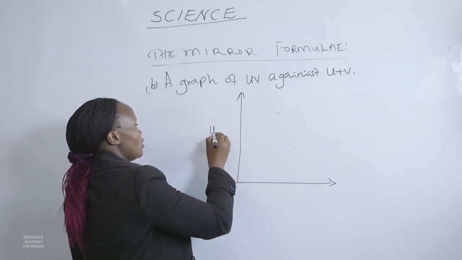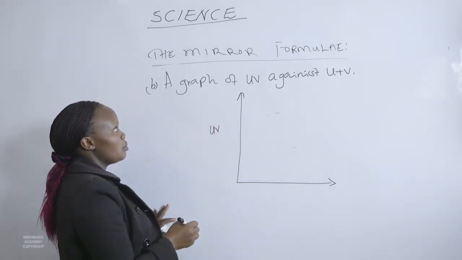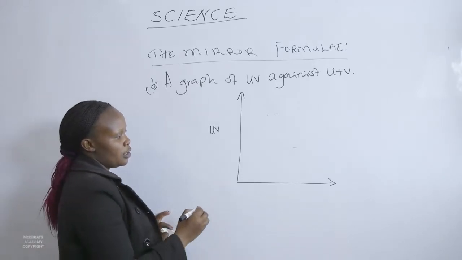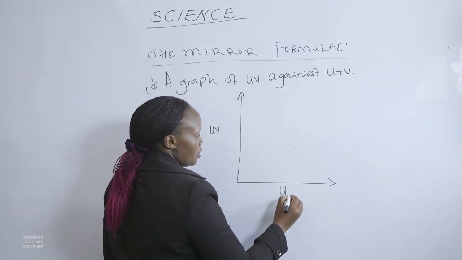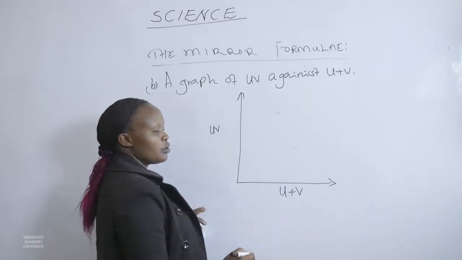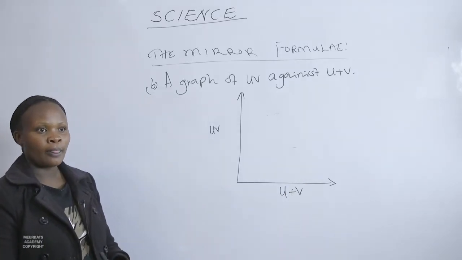On the y-axis we plot UV. On the x-axis we plot U plus V.